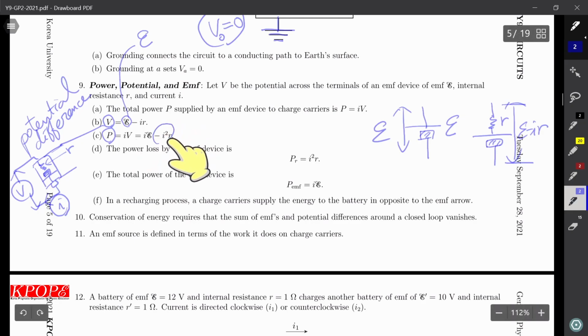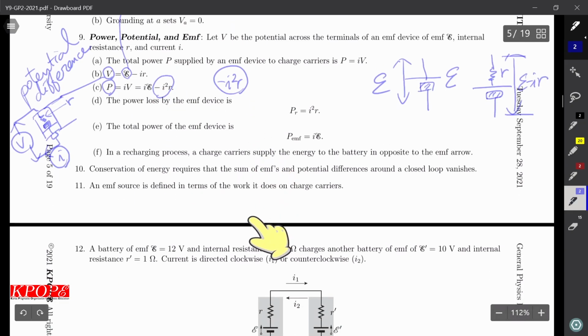So this minus I squared r, this power is lost in advance inside the EMF device because of the internal resistance. The power lost by the EMF device is this one.